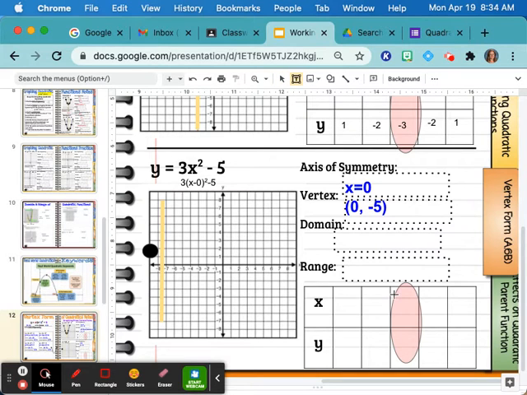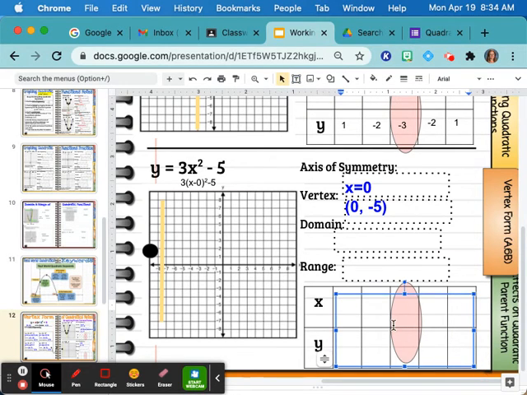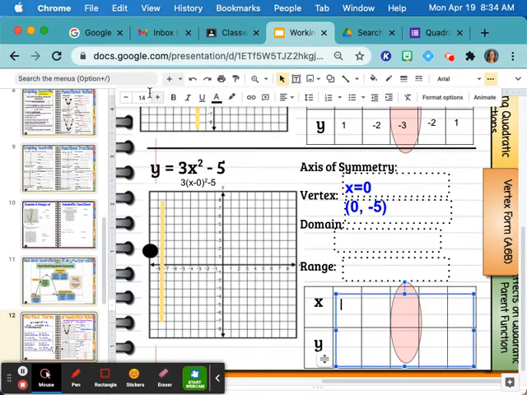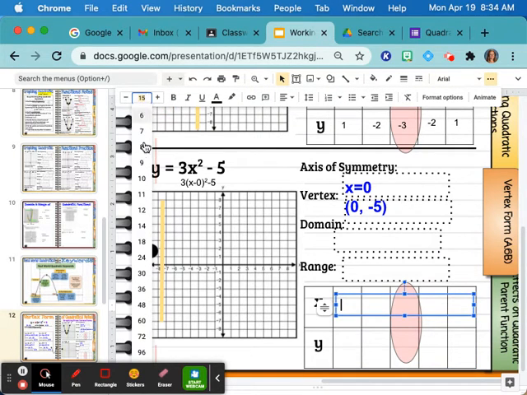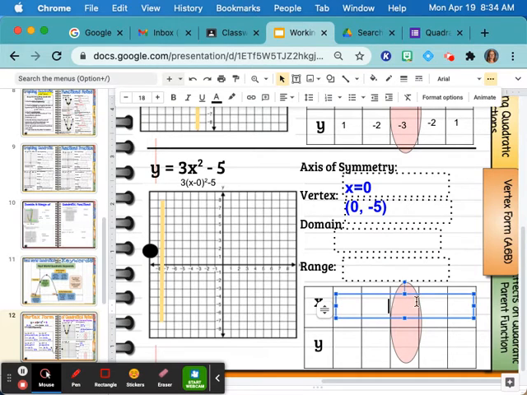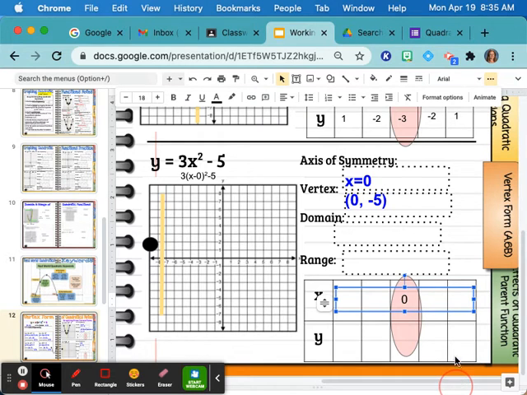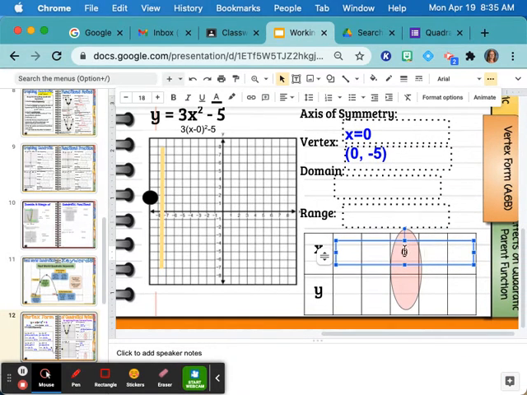Let's go ahead and do this. So we have 0. What would go on one side of the 0 to go forward? What would the x value be? What would I need to put over here for my table of values? If I have 0 in the middle, -5 down there.